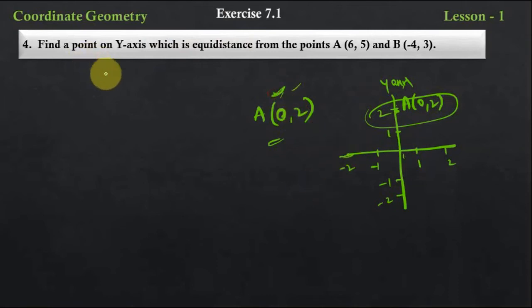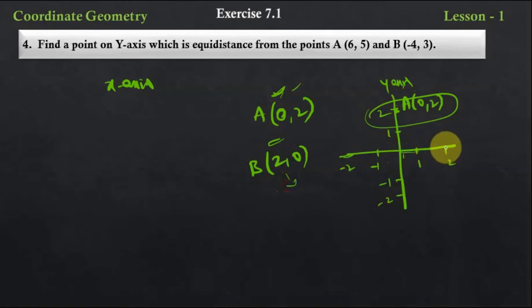If they say the point on x-axis, find a point on x-axis, x-axis means what? Y coordinate will be 0. Suppose there is one more point here, (2, 0). How do you look at this? Now x coordinate is 2, means we should move 2 units towards the right side.